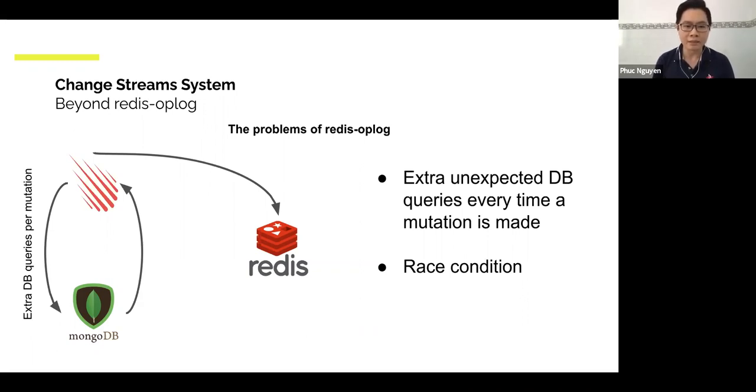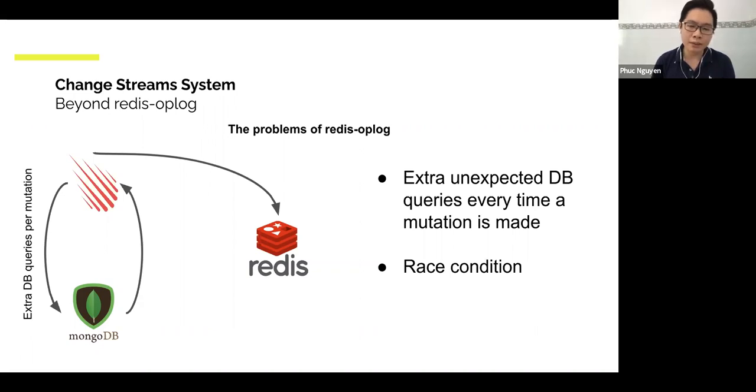And the second drawback is about race conditions. When the change reaches the Redis server, it may already have become stale, and Redis does provide an option to mitigate this, which is called a race condition protection option.